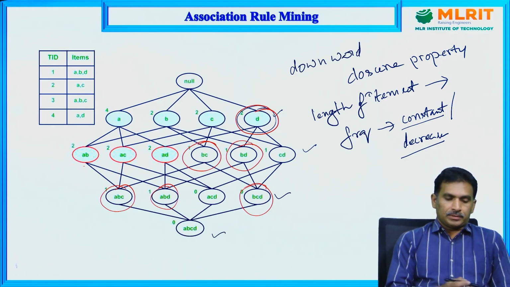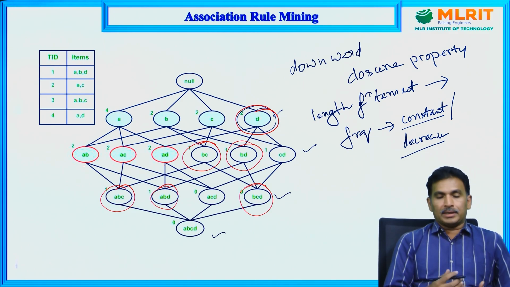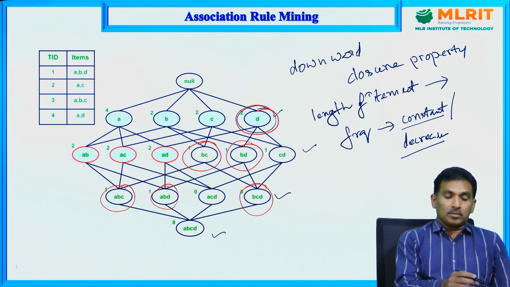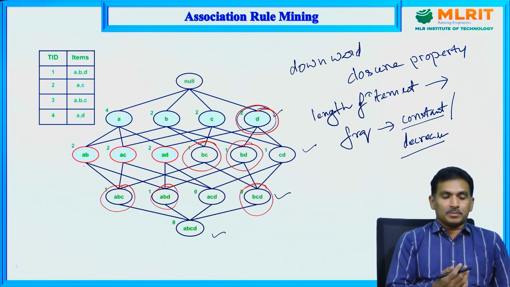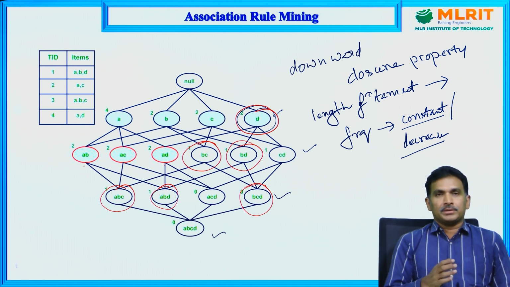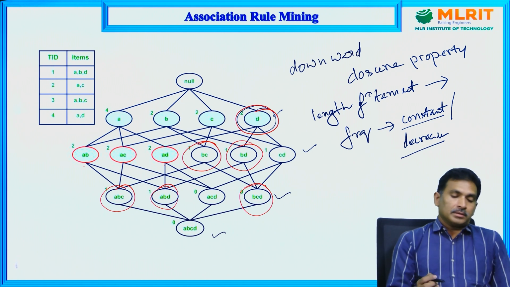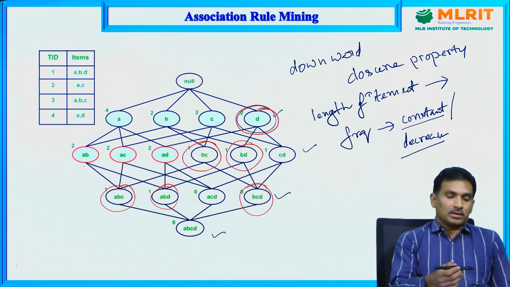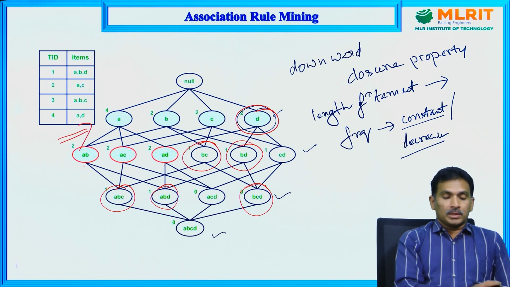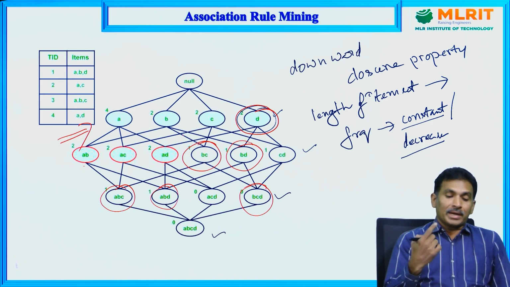In the first phase, the initial step, we generate the one item sets, then we scan the database for their frequency, and determine whether those item sets are frequent or not. For example, the first phase generates the item sets A, B, C, D, which are all one item sets.